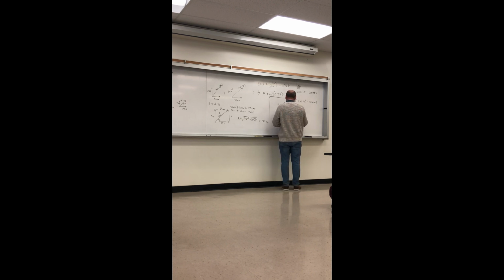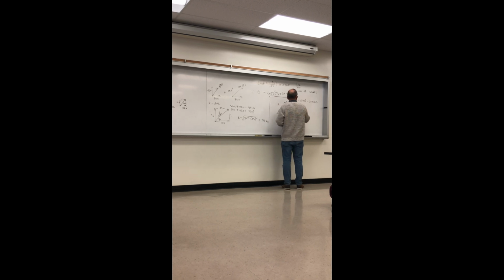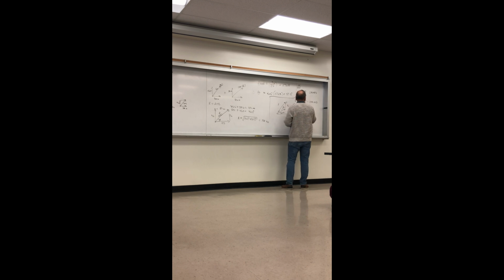So r squared equals a, 100, squared plus b, magnitude 60, squared minus 2 times 100 and 60, multiplied by the cosine of 160 degrees.